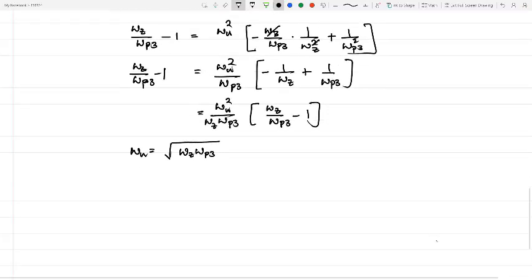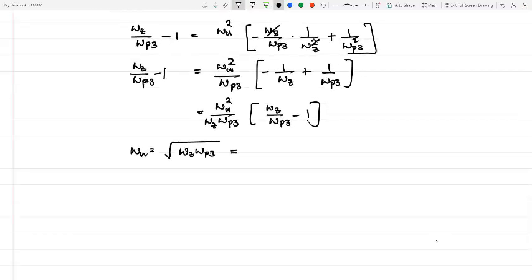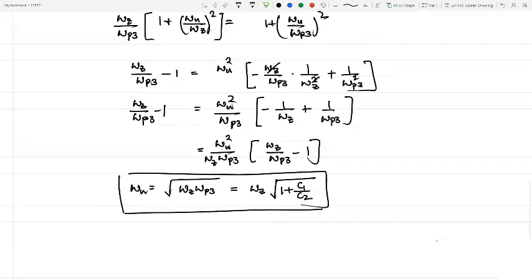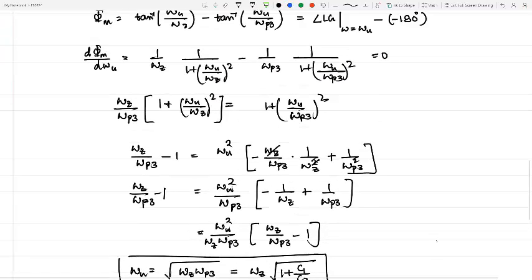So this will be equal to omega z times 1 plus c1 by c2. So this is the condition which you get for making the derivative of the phase equal to 0.